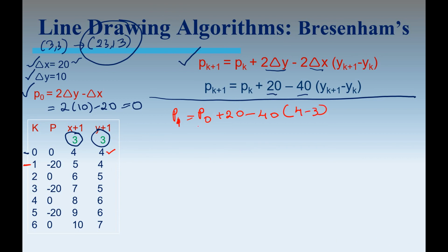The value that we have here is p0 is 0, this is 20 minus 40 into 1, and if we calculate this, we will get minus 20. All right, p1 is minus 20.